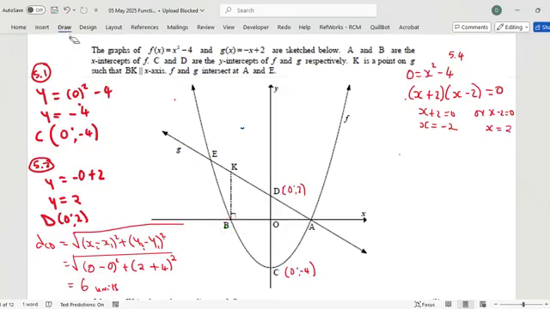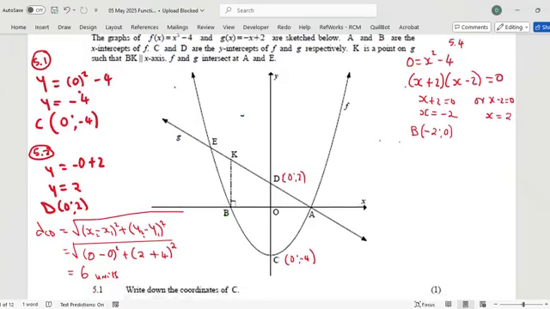Negative 2, why? It's on the negative side of the x-axis. Thank you. So our coordinates of B will be negative 2 and 0. Done with the coordinates of B. Any question? No question? Then we move on.